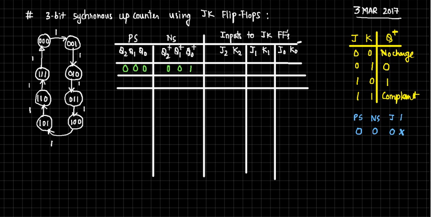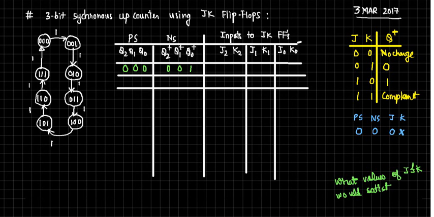So let me write that as J and K. So this table indicates what values of J and K would satisfy these conditions, these transitions.